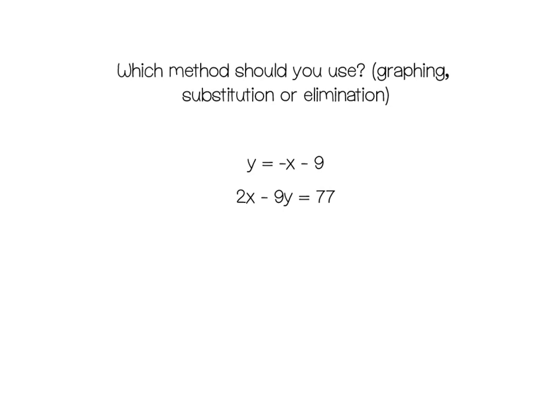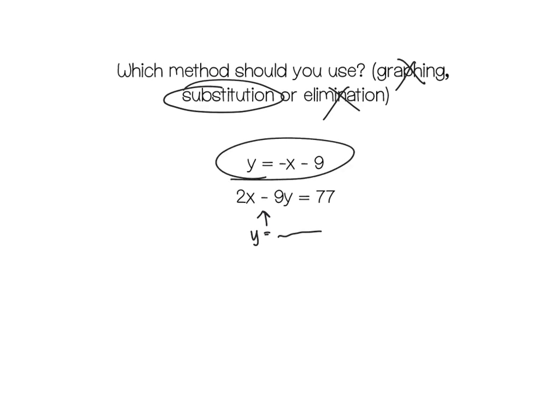On the third example, take a couple seconds and think about what method you would use. Hopefully, again, you chose substitution, because I'm not going to use graphing because this equation doesn't have y equals, and I'm not going to use elimination because I have this one equation solved for y.